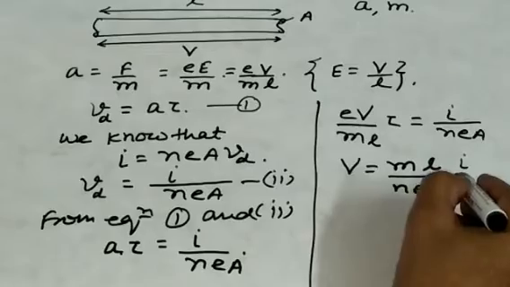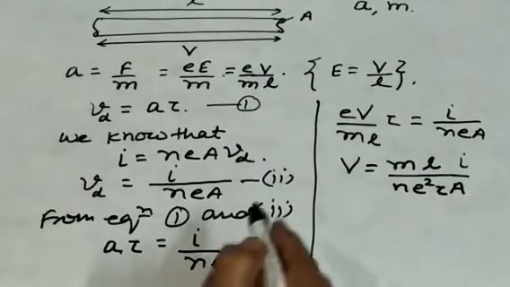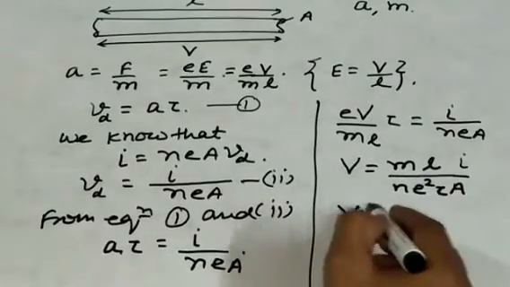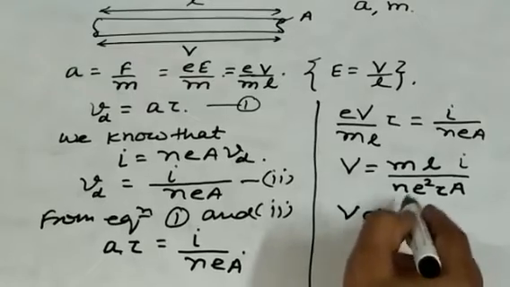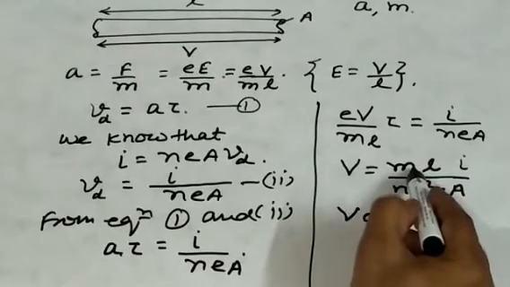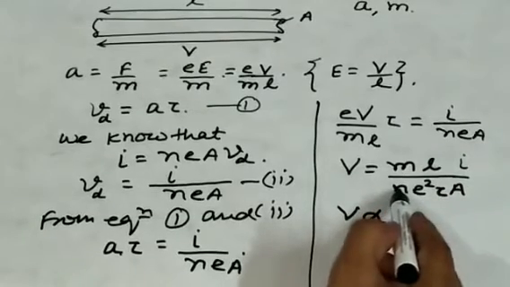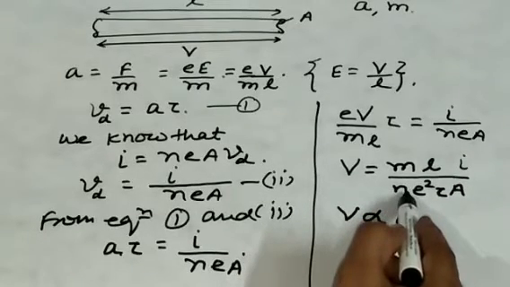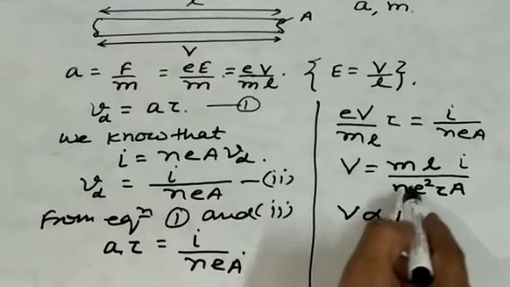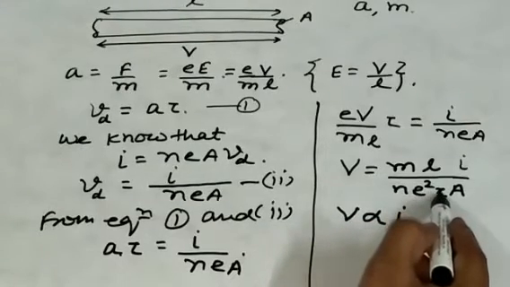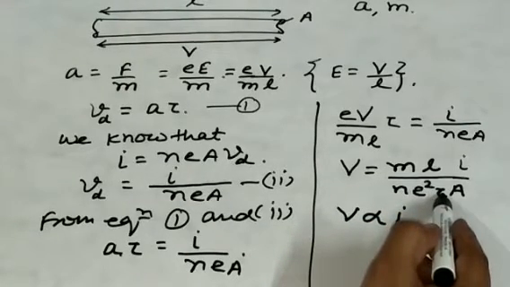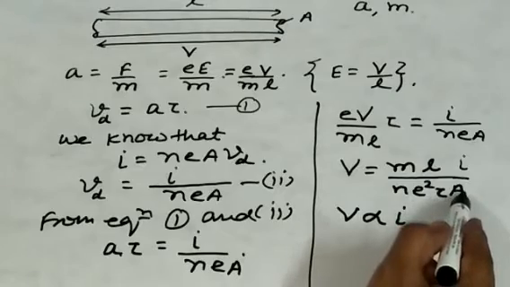And from here, now we can say V is directly proportional to I, because m is the mass of the electron, for a given conductor L is the length of the conductor, n is the number of free electrons per unit volume in this conductor, e is the charge on the electron, tau is the average relaxation time, and A is the area.